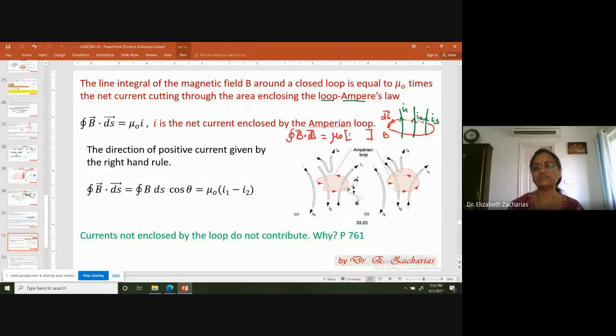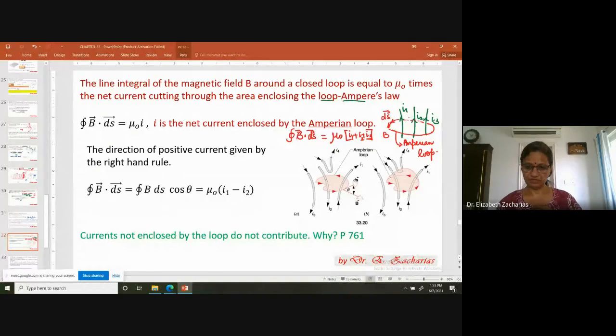The sum of the currents in this case is I1 plus I2 plus I3. So this is Ampere's law. Please remember, the loop that you have put here is called the Amperian loop, and I1 plus I2 plus I3 is the net current enclosed by the Amperian loop.